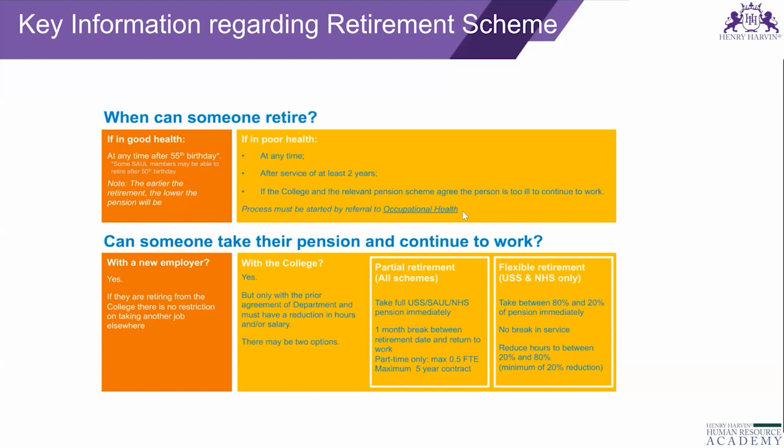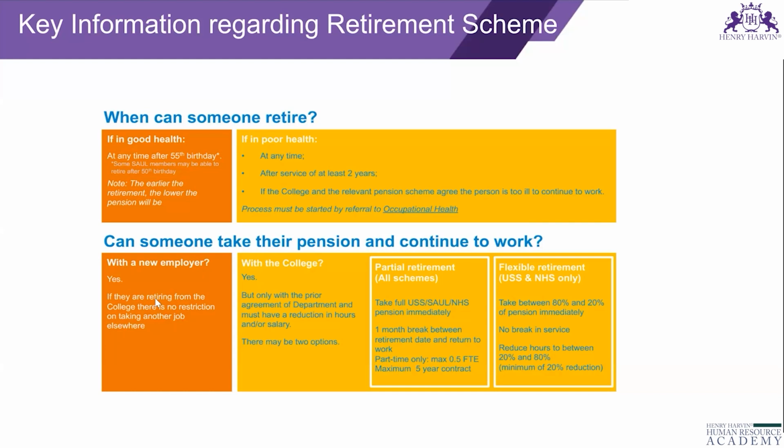As I said, it should comply with the requirements. Now, if they retire in poor health, can they join back? Or if they were in good health and took early retirement, can they join? With a new employer, they can join.